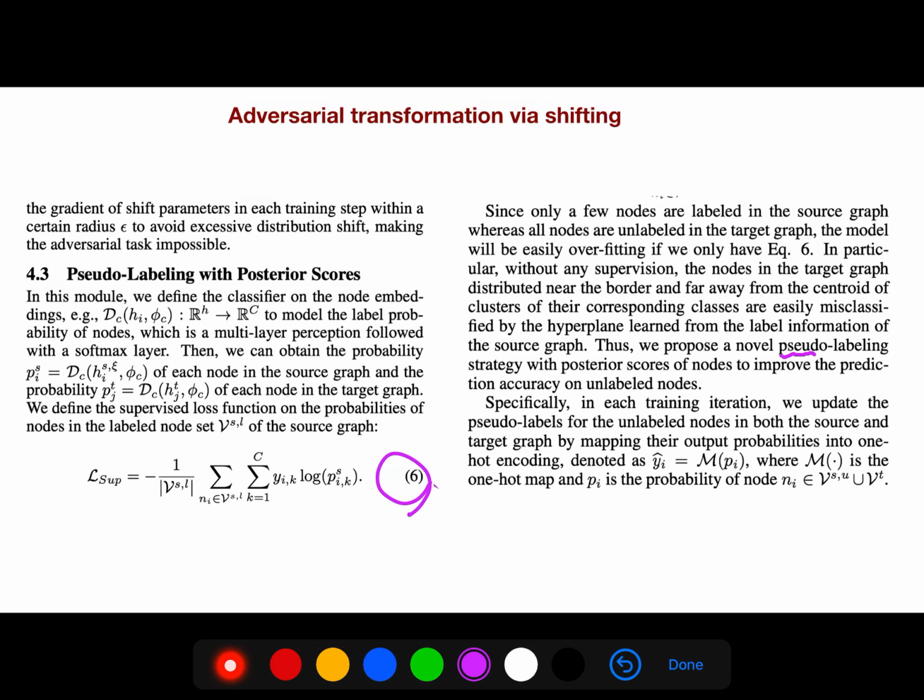So in each training iteration, we update the pseudo-labels for the unlabeled nodes in both the source and target graph by mapping their output probabilities into one-hot encoding. So this is our one-hot encoding, and M is just the one-hot map. And P sub i is the probability of node n sub i.